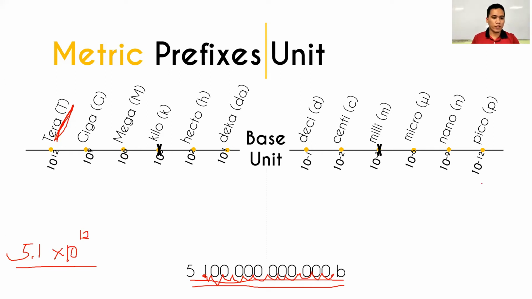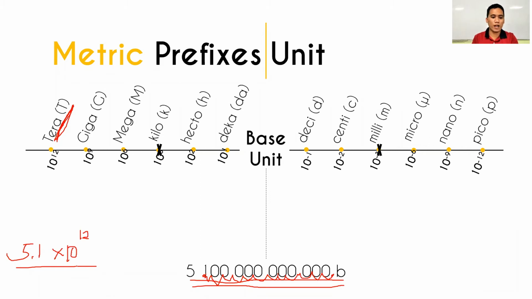From scientific notation, we will then apply the appropriate prefix. So 10 to the power of 12 is also equal to tera. Imbis na ang ilagay nyo is times 10 to the power of 12, replace times 10 to the power of 12 with the appropriate prefix.